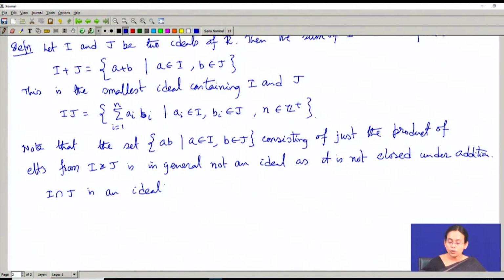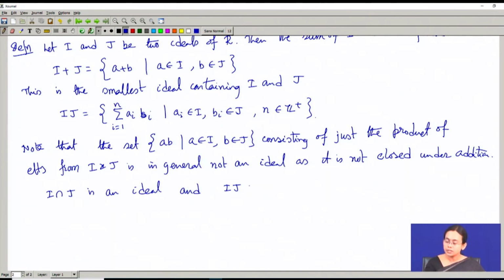If you look carefully, this product IJ is the finite sum of the form summation of a_i b_i, where a_i is coming from I and b_i is coming from J. Therefore, their product is in I as well as in J, and of course, it is closed under addition, therefore it will be in both.